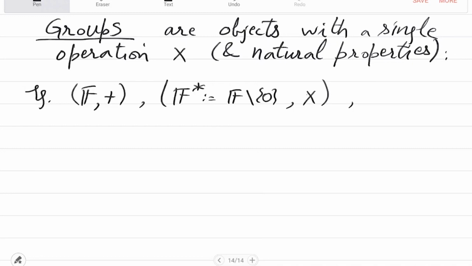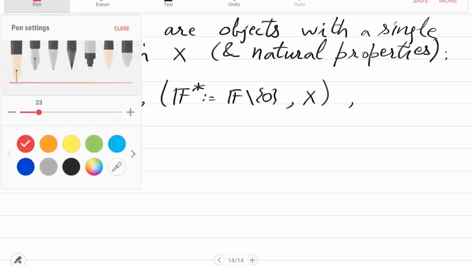So F star with multiplication is a group. Every element has an inverse, associativity, closure, and obviously there is 1. So F is a group, F star is a group, with different operations. Since both of them are commutative, we call these abelian groups. That's a special type of group.